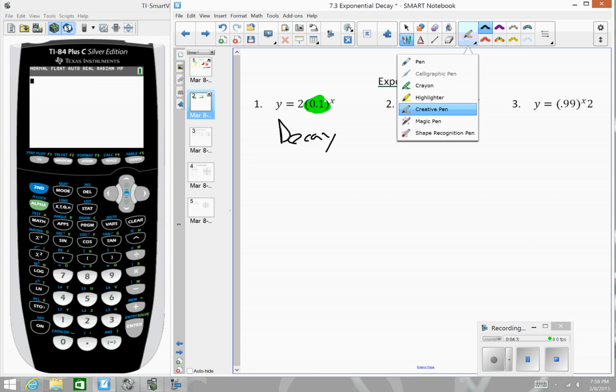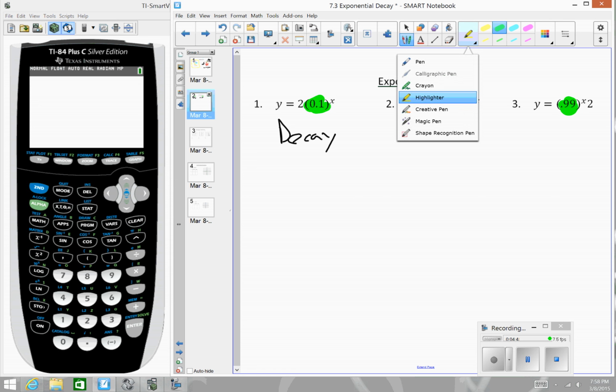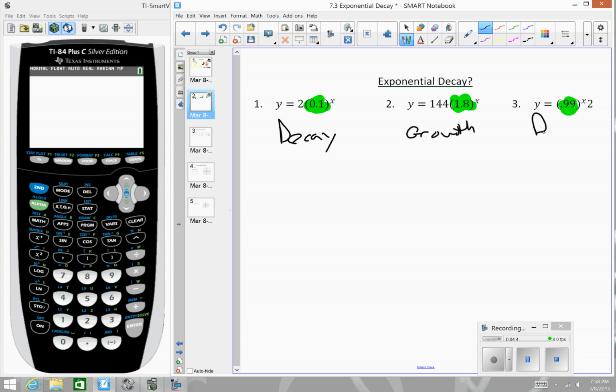Is 0.99 above 1 or between the numbers 0 and 1? Think of it like money. This is 99 cents, so it's not quite a dollar. So this is actually below 1. So this would be a decay model.